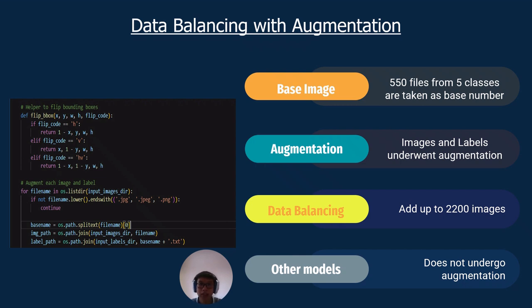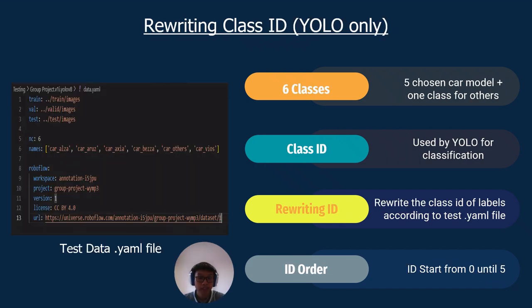The images and labels of the other model do not undergo augmentation because there are more than enough. So in the end, 2200 images and labels are taken from all 6 classes, which adds up to 13,200. With this method, YOLO will be used for both object detection and classification.